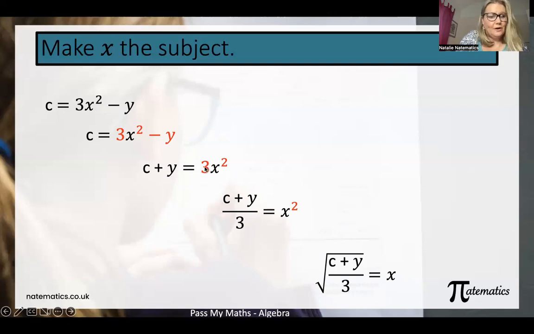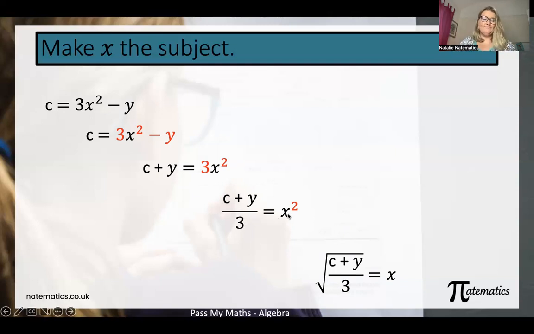So then we've got 3 multiplying x squared. I am going to deal with the 3 first. So I'm going to say, okay, off you go. Because remember, it is only the x that's squared, not the 3, just the x. So the 3, I'm going to divide both sides by 3. So we can see what we had there, and we divided by 3.